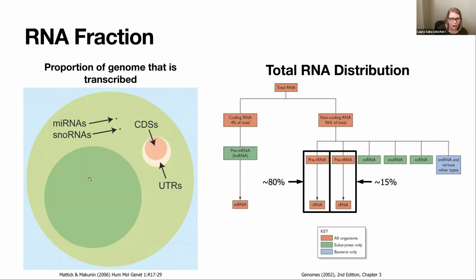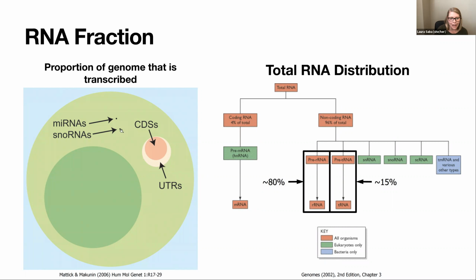The smaller part here is, I believe, the part that's being transcribed from both strands of the DNA. And when we look at protein coding sequences, they really make up a small portion of what's being transcribed from the DNA, not to mention the untranslated regions, which is what UTR stands for.